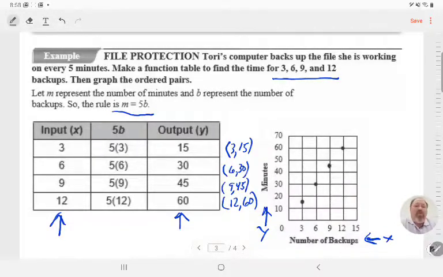And then I know I'm going from at least 15 all the way up to at least 60, so I could go by 10's, okay? And then I just simply plot 3, 15, 6, 30, 9, 45, and 12, 60. Now I've represented this in every way that it tells me to, so I've finished the problem. I'm done. I can move on.